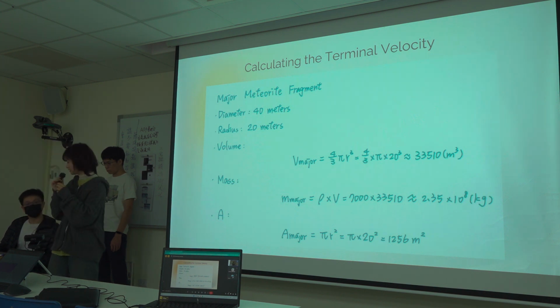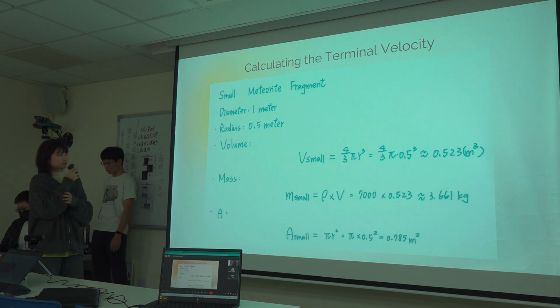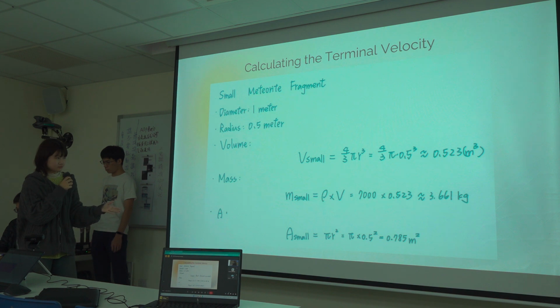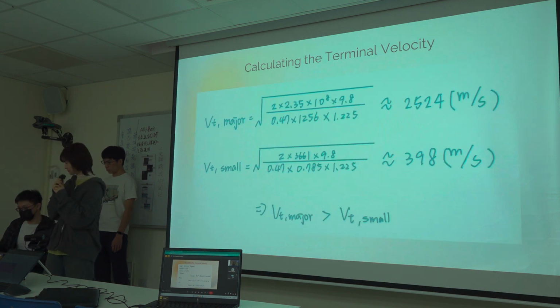And then the small meteorite fragments. Generally the diameter of the small meteorites is about 1 meter, and then we can calculate the volume of it and the mass and the cross-sectional area.